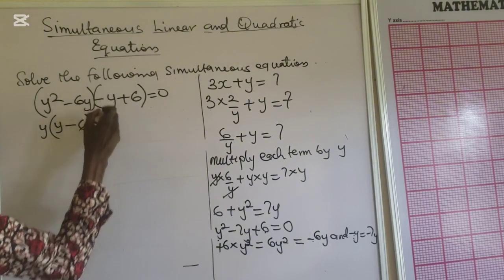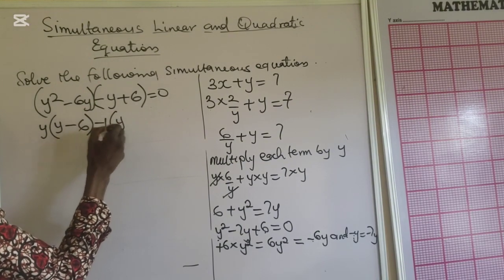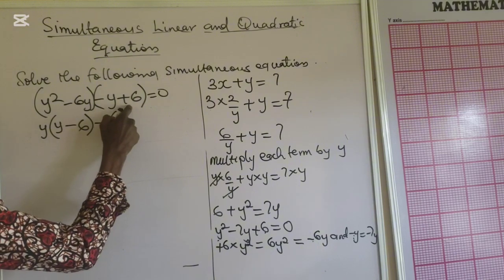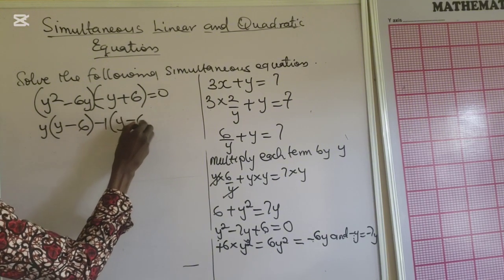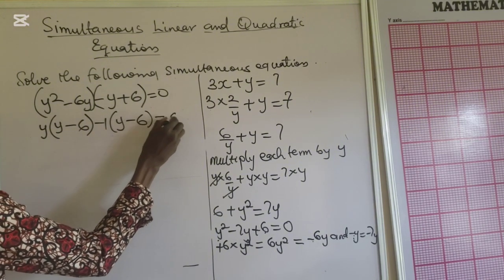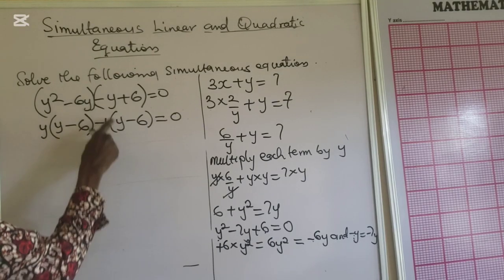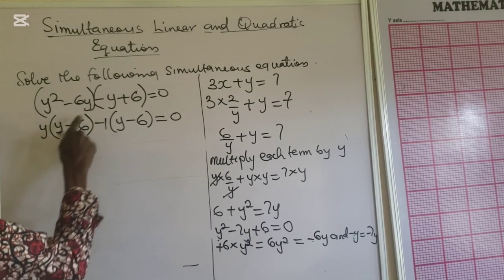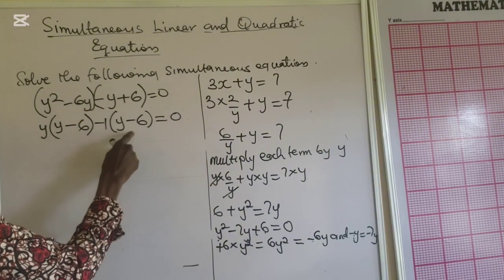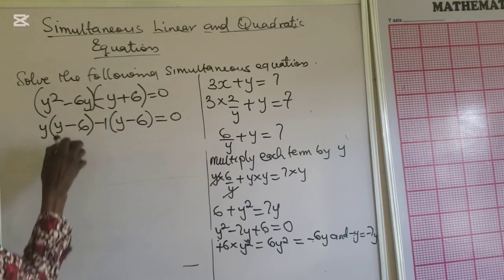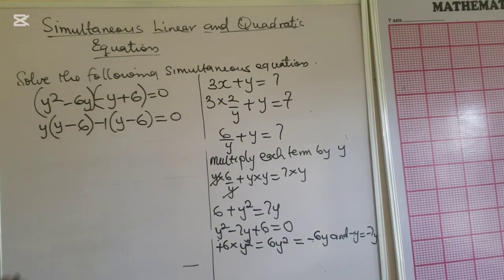When I use minus 1 to divide y, you are left with y. Minus 1 dividing plus 6 is minus 6, is equal to 0. I come again. Minus 1 dividing y is minus y. Minus 1 dividing plus 6 is minus 6. The two brackets must be the same.